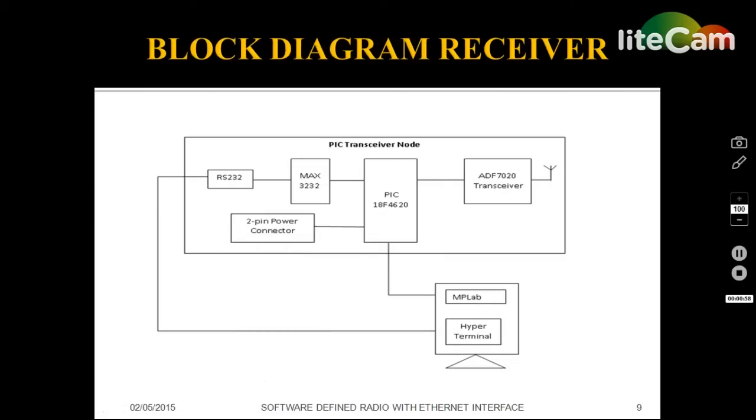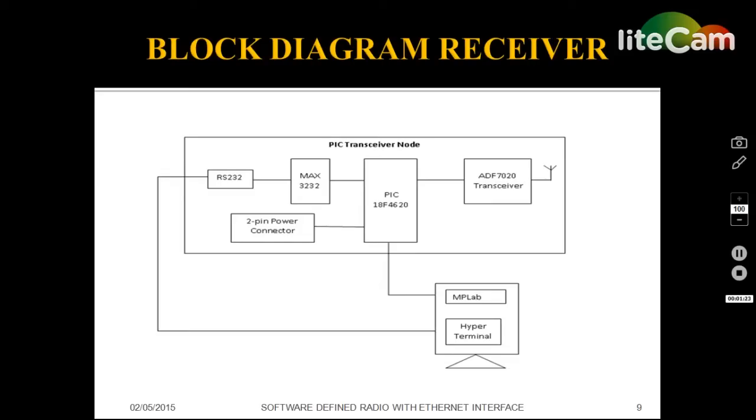Next is the block diagram for the receiver section. Here also we have the same PIC transceiver node with the PIC 18F4620 as a microcontroller and ADF7020 as the RF transceiver. We have to program this section using MPLAB, and we have to execute the same section using the MPLAB IDE.